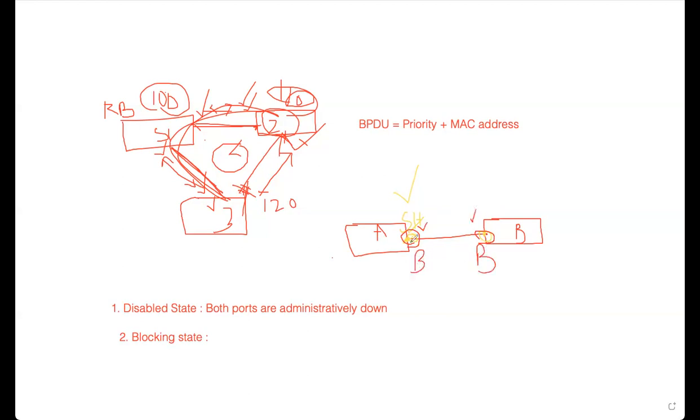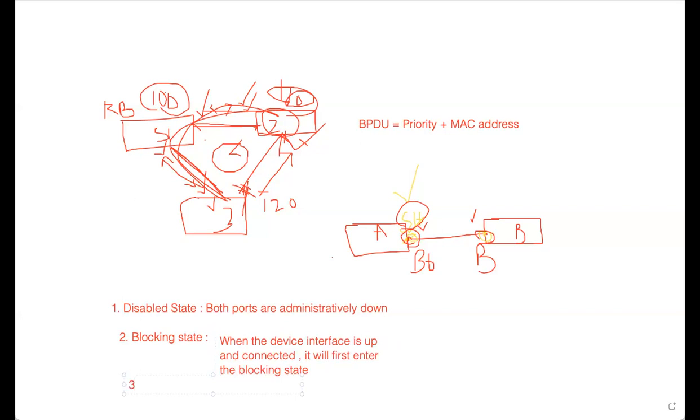So whenever I do no shut on this port, like whenever I put the power on this port, both sides will be in the blocking state. When the device interface is up and connected, it will first enter the blocking state. So this is the second state.